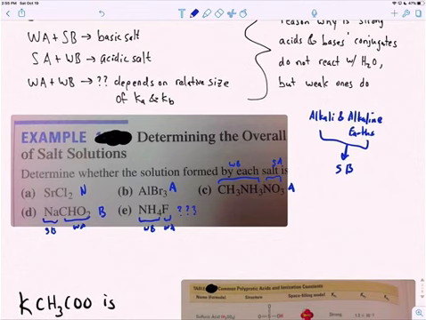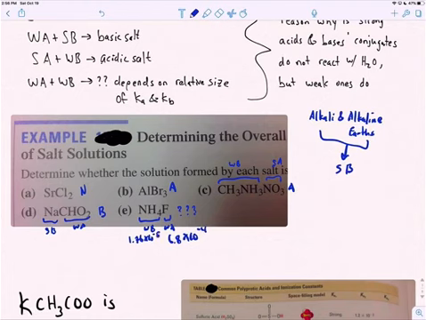The Ka for hydrofluoric acid is 6.8 times 10 to the minus 4, and for ammonia, the Kb is 1.76 times 10 to the minus 5.